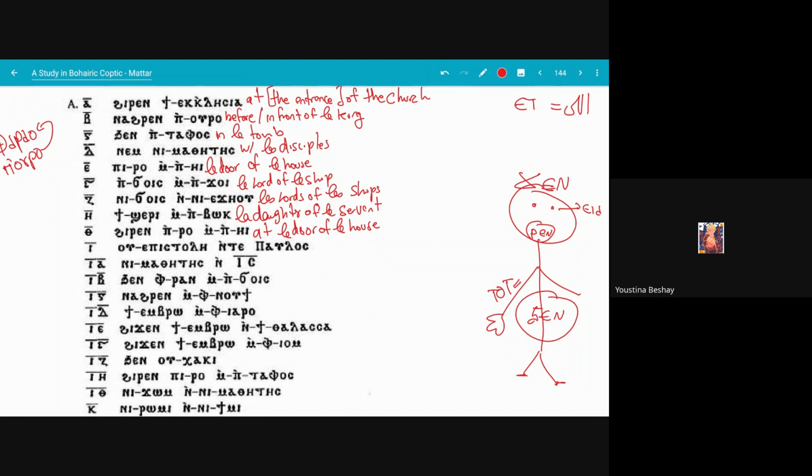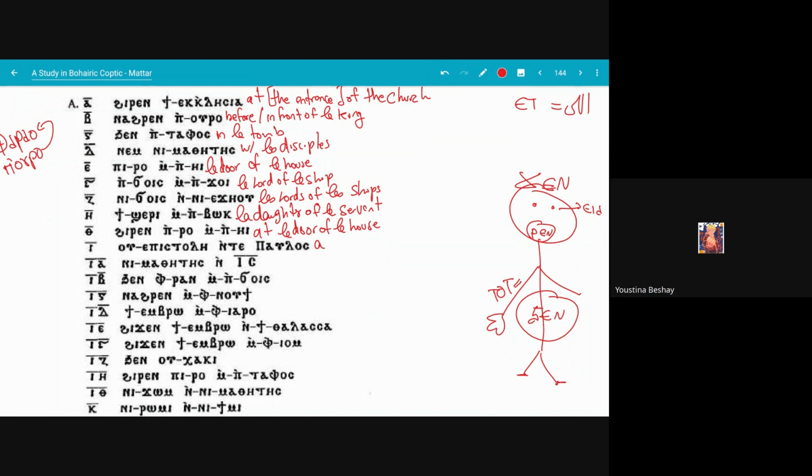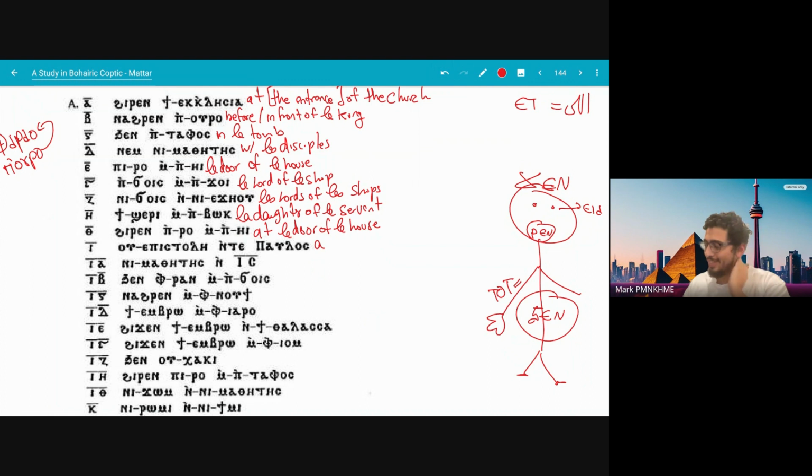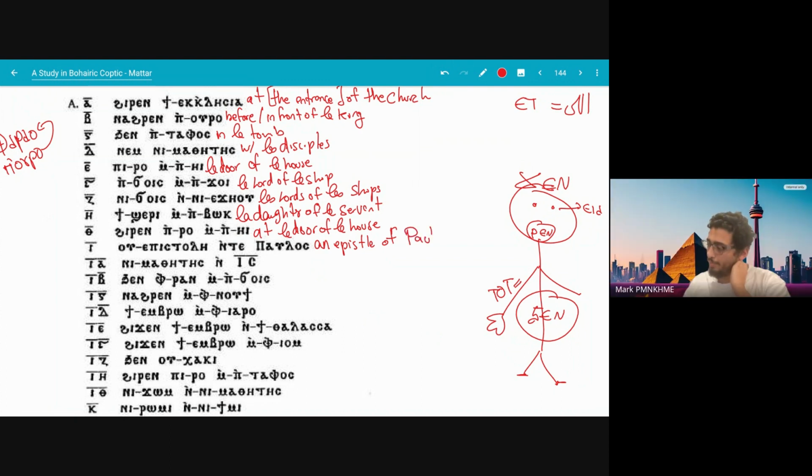It's a. Epistole sounds a lot like the same word in English: epistles. Yes, an epistle. I think ente, I can guess it's of. Good job. Of Pavlos, which means Paulus, Paul. Perfect. Paul or Paulus, if you want to go this way.